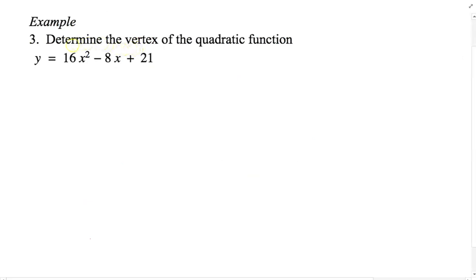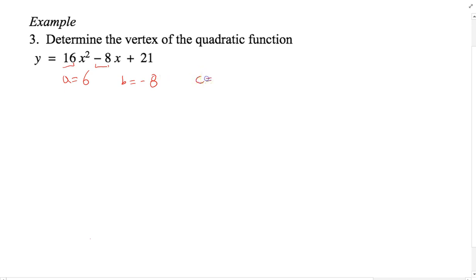Now let's look at an example. Determine the vertex of the quadratic function y = 16x² - 8x + 21. So here we want to identify our a. So a equals 16, b equals -8.